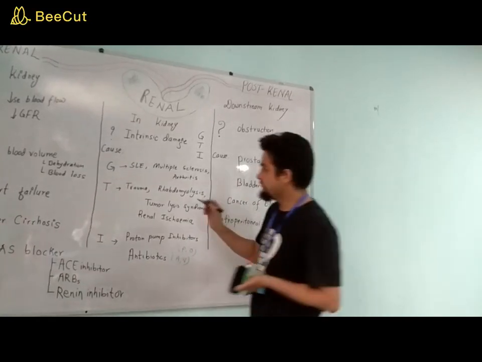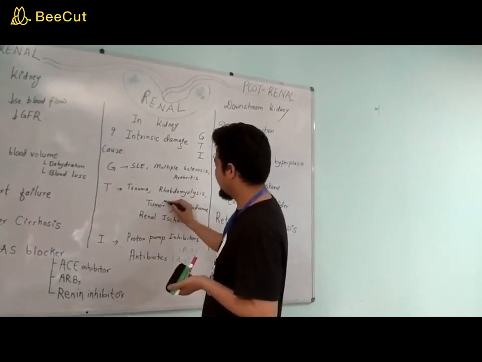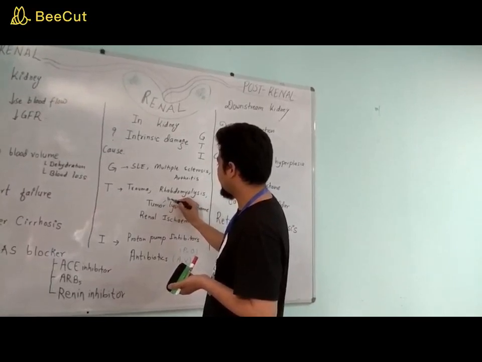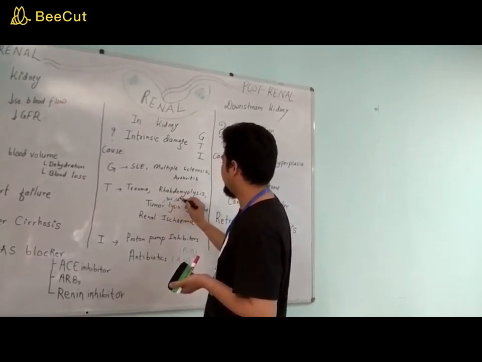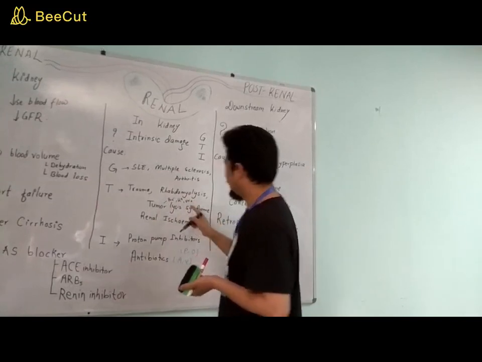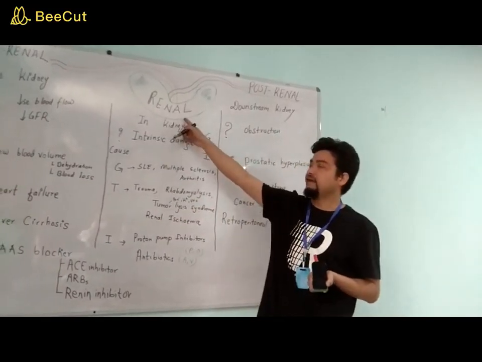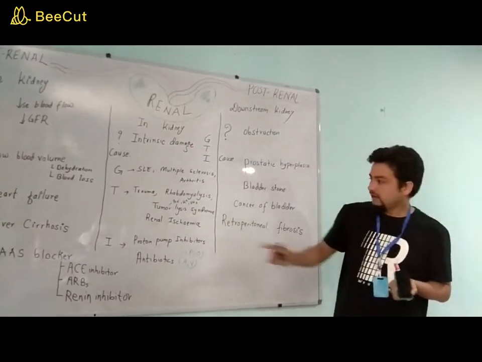What happens is that due to the excess lysis of cells, there is deposition of phosphate, potassium, and uric acid in the blood, which are the culprits for the renal damage. And renal ischemia.